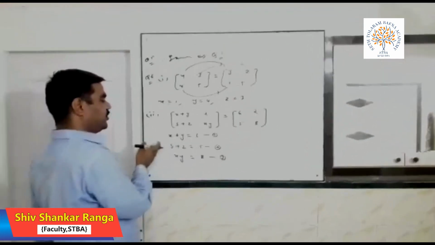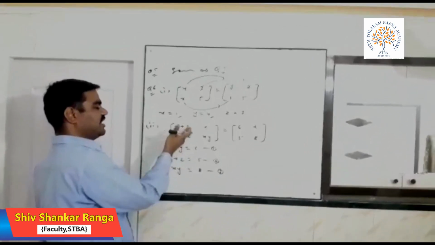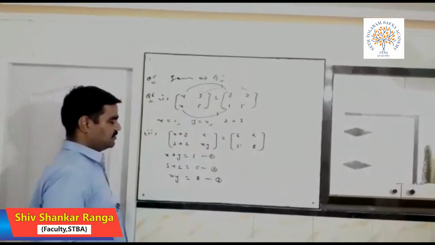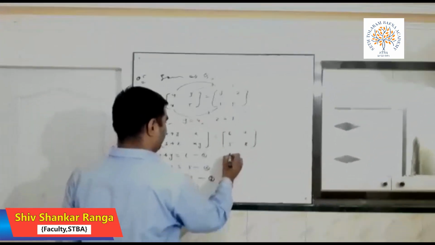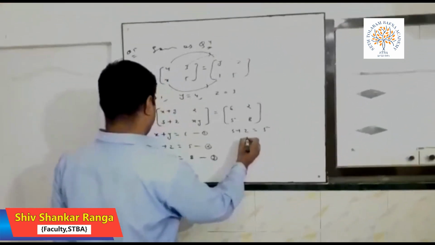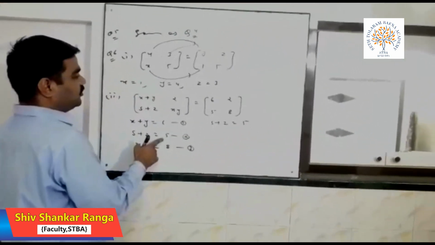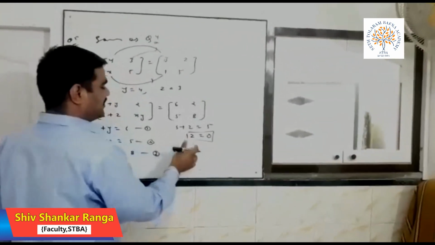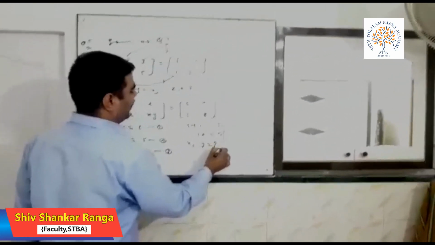Using equations 1, 2, 3, find the values of x, y, z, and the process is as in the first part. 5 plus z is equal to 5, then z is equal to 0, same for the values of x and y.